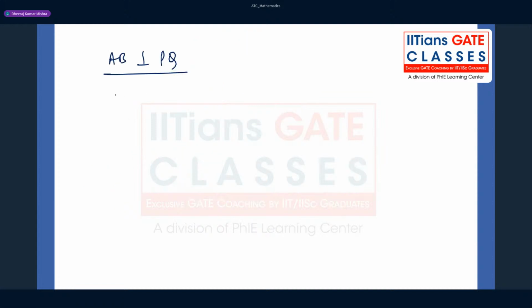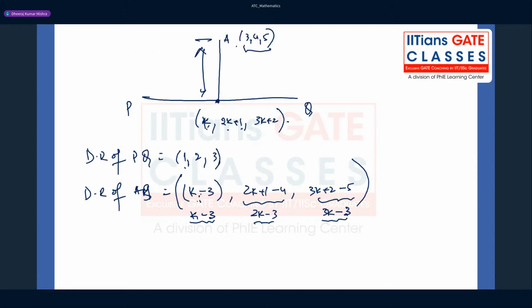So L1 into L2 plus M1 into M2 plus N1 into N2 will be 0. That is the concept. So just take the product and equate to 0. You will get the value of k, and once you get the value of k, you can plug it back and you will get the point.